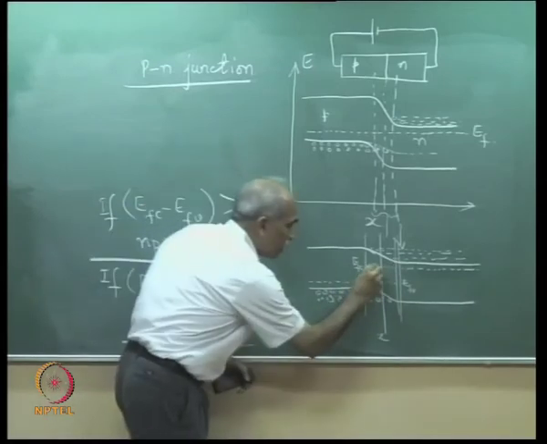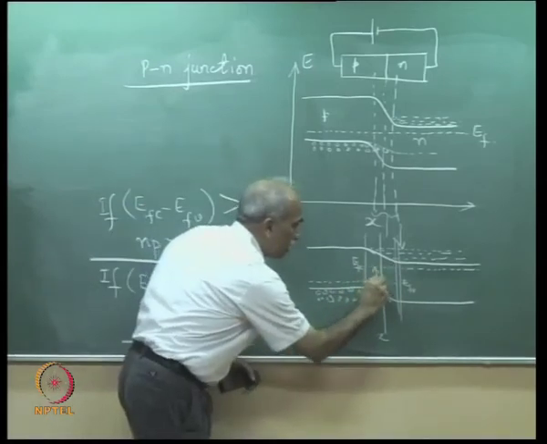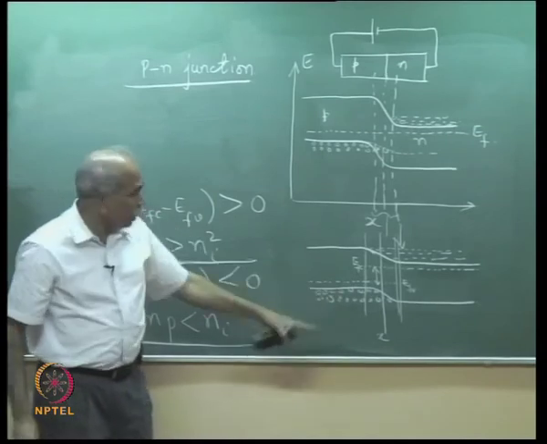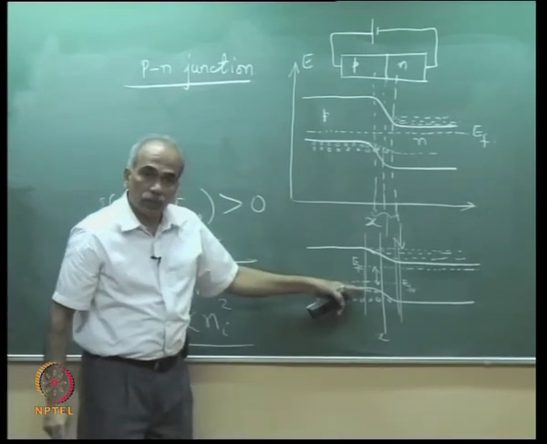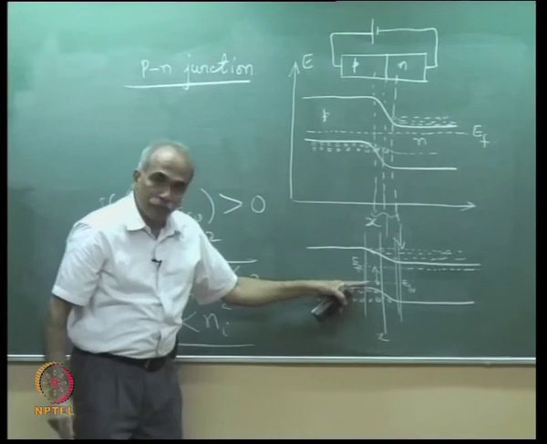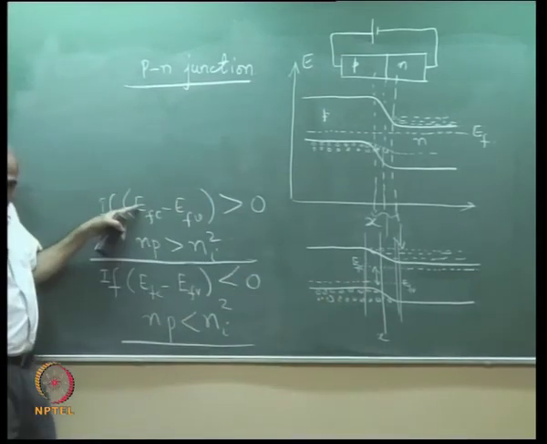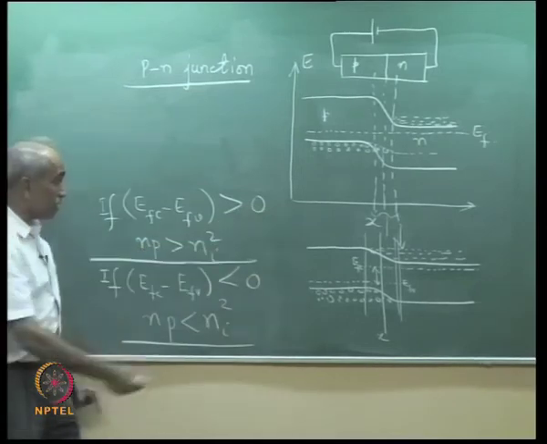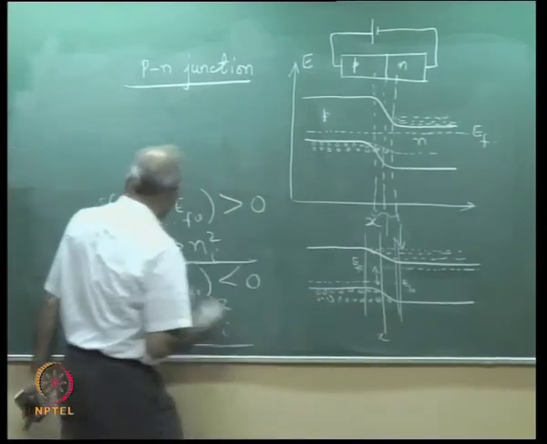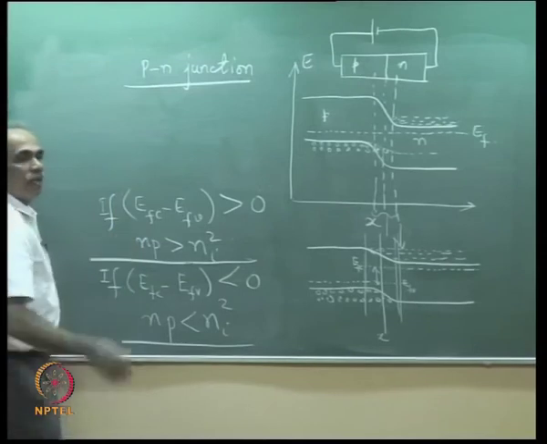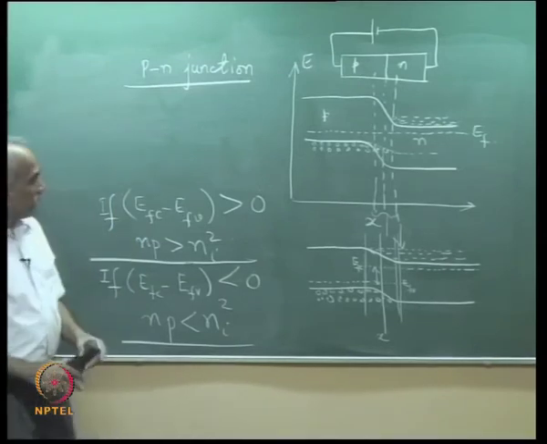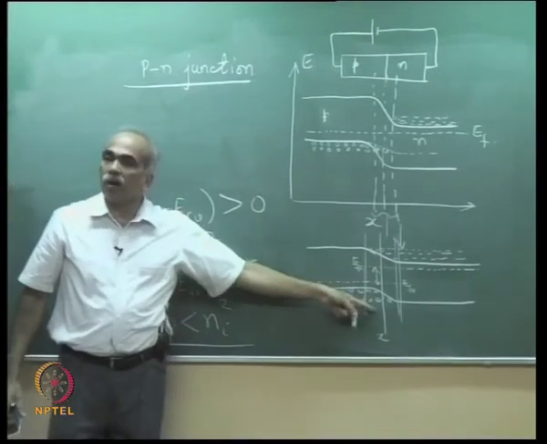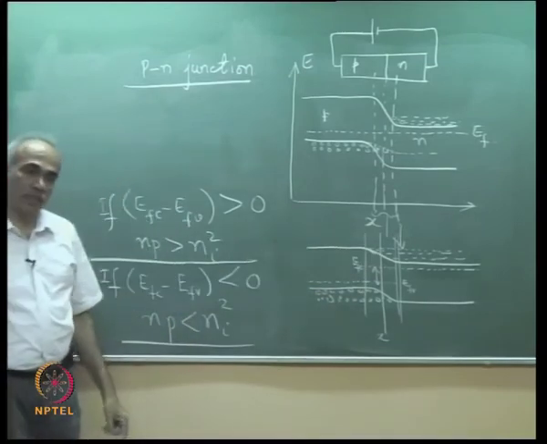The separation here, EFC minus EFV, is positive. EFC minus EFV is greater than 0, which means in this junction now n into p is greater than ni square. You have simultaneously a large number of carriers.